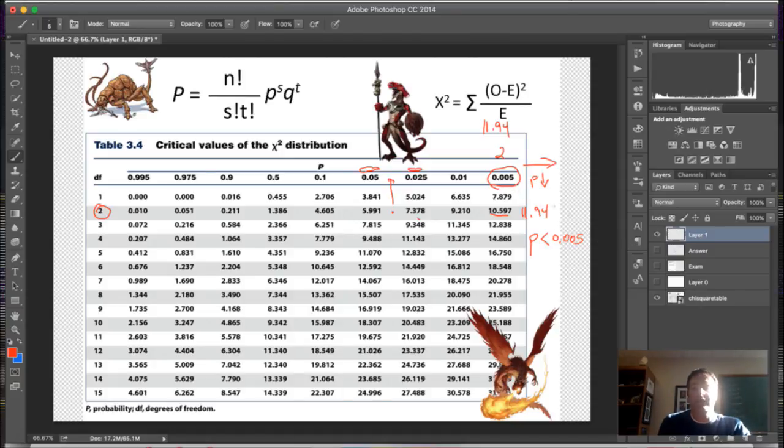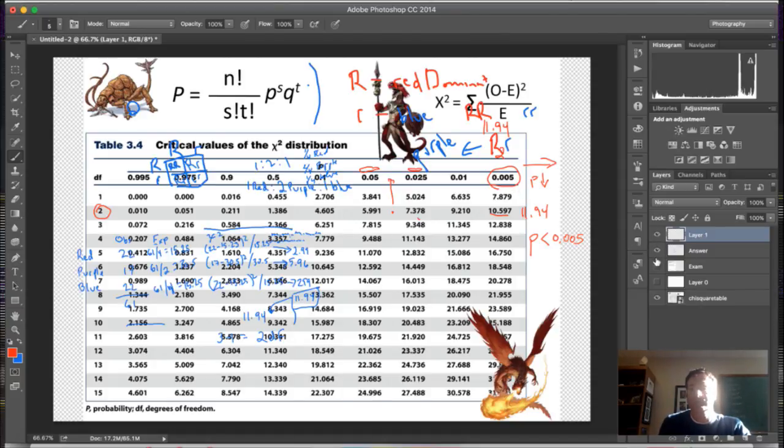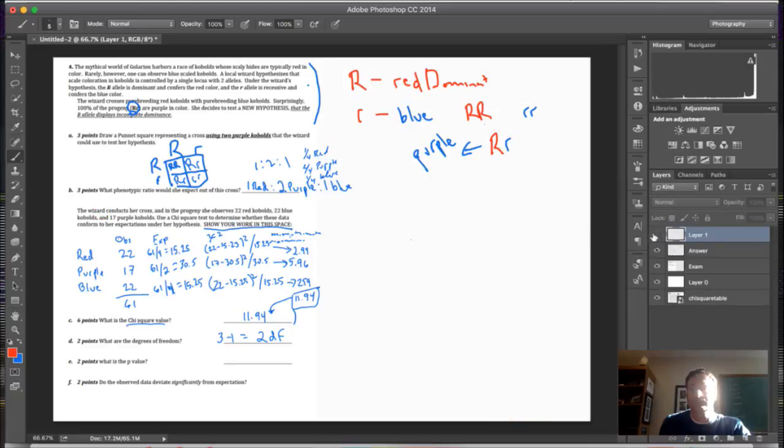So let's go back to our problem. And we'll go back to our answer layer here. P is less than 0.005. That's the correct answer.